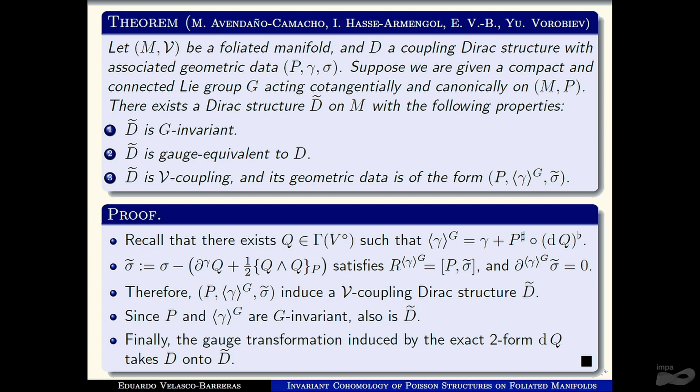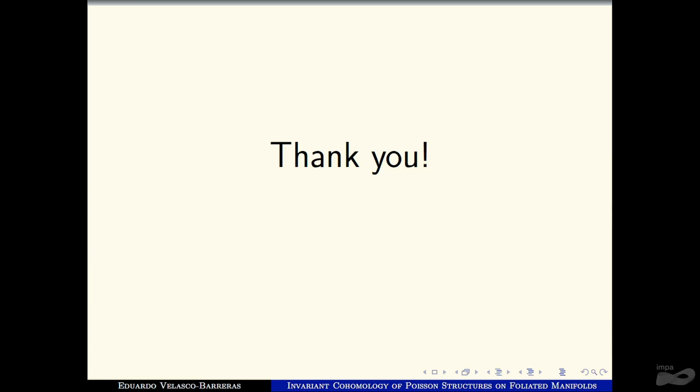So this is how we construct, for a class of compatible Dirac structures on foliated manifolds, an invariant Dirac structure which is gauge equivalent to it, by means of the fact that the original Poisson connection and the Hannay-Berry connection are related in this manner in the case of cotangential and canonical G actions. Thank you very much.